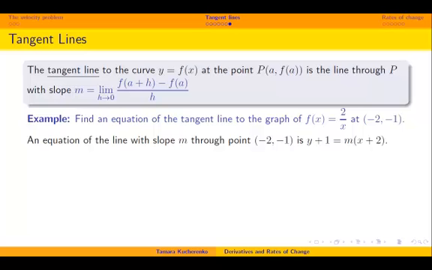According to the definition of the tangent line, its slope m equals the limit as h tends to 0 of f at -2 plus h minus f at -2 divided by h. Note that a here equals -2.